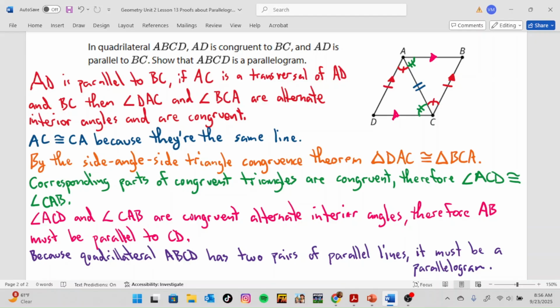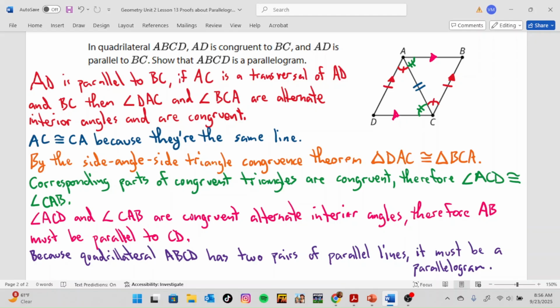And then once we've proven the top and the bottom are parallel, we take the information that we already knew about the left and the right being parallel, and that proves the quadrilateral must be a parallelogram, because that's the definition of a parallelogram.